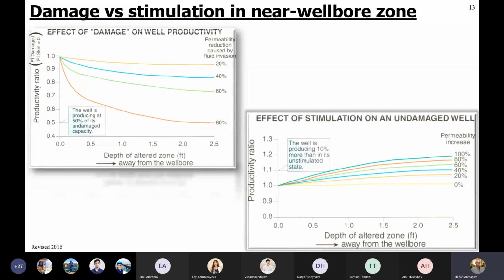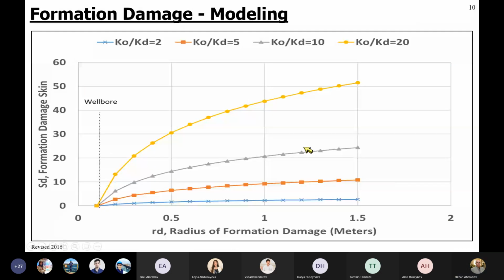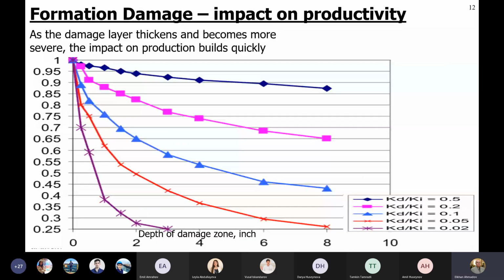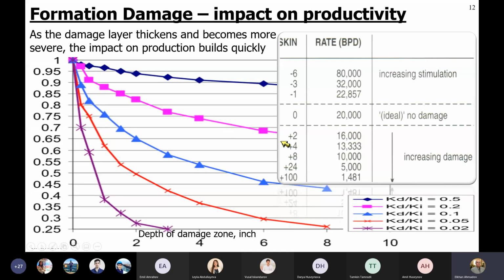Okay. Apparently I don't have slide number 11. Do you mean this slide?